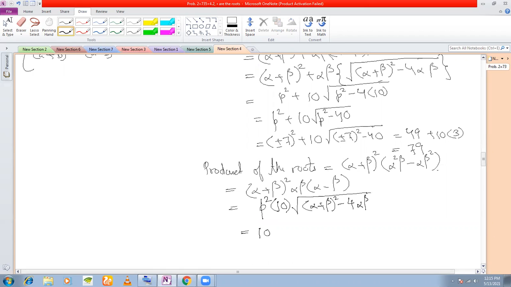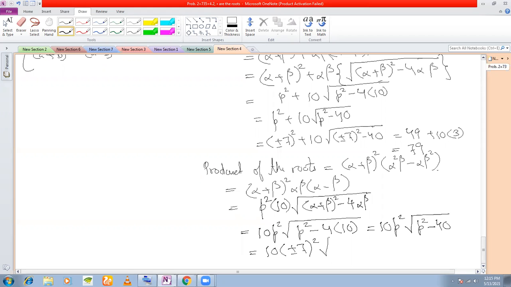So this is 10 p square, and then again put the value of alpha plus beta, which is p square minus 4 into 10. So then you get 10 p square root over of p square minus 40. Now put the value of p square, 10 times plus or minus 7 square root over of plus or minus 7 square minus 40.